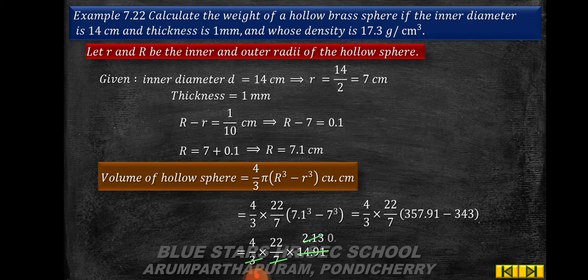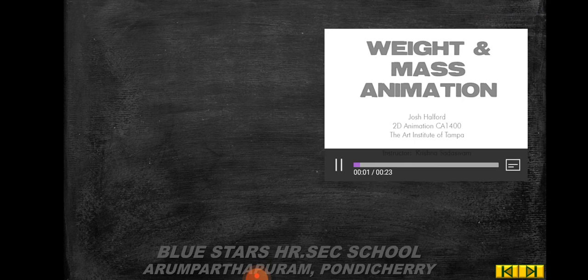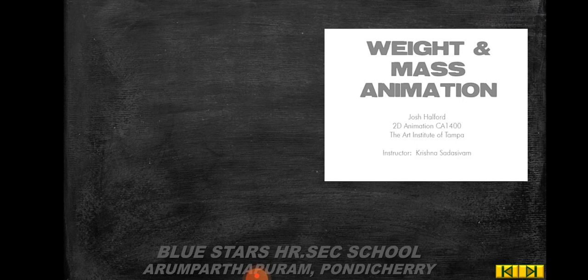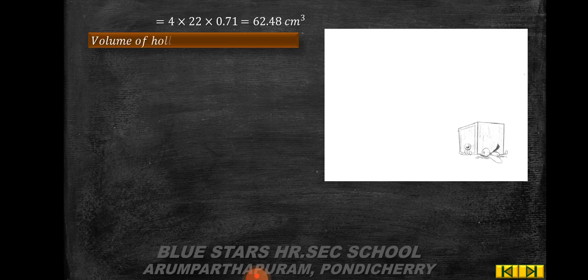Then 3 and 2.13 get cancelled, 0.17 times, which is equal to 4 into 22 into 0.17, which is equal to 62.48 centimeter cube.